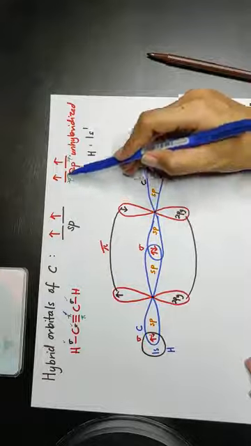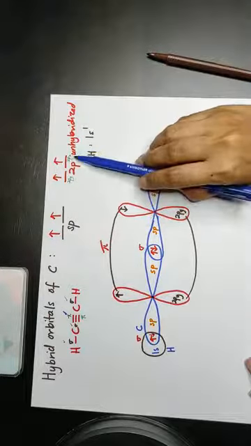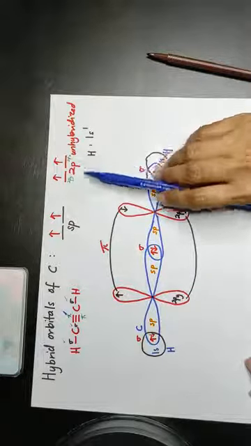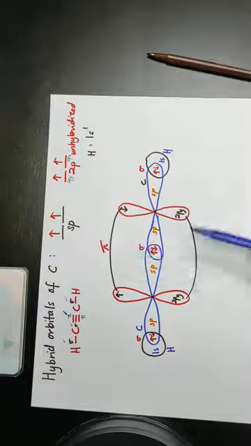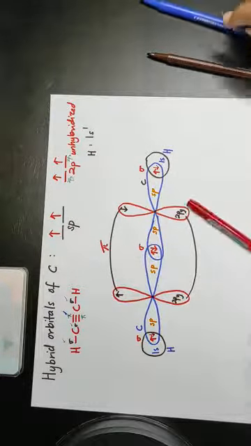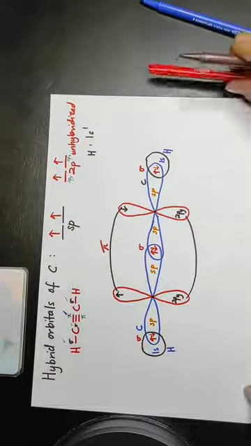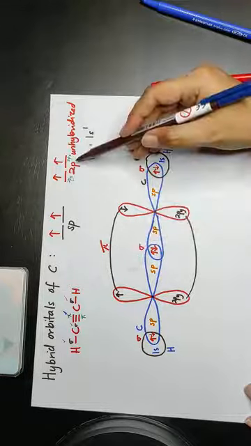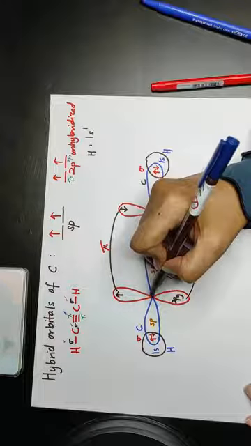Okay, so let's say now 2pz undergoes overlapping with another 2pz from the neighboring carbon. So now let's say I use brown color for 2pz.